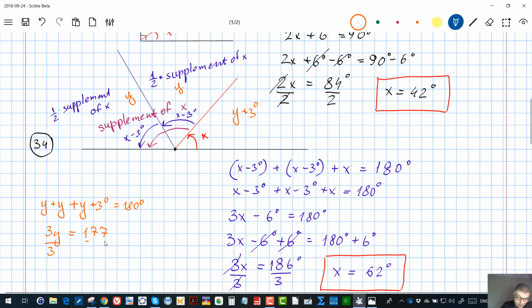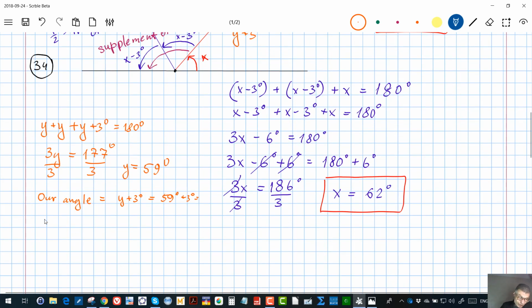We divide by 3, and it gives y 59. Yes, 59 degrees. And then our answer is not y exactly, but our angle equals y plus 3 degrees, which gives us 59 degrees plus 3 degrees. And this is exactly the answer we got the first time, 62 degrees.